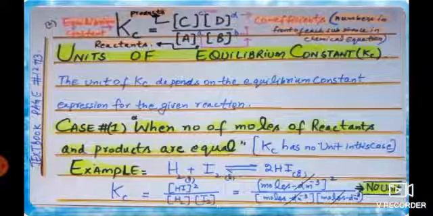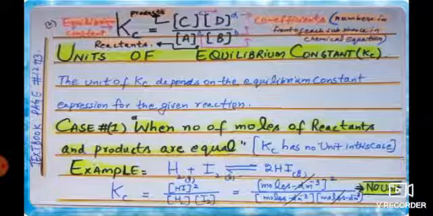The above c and d show the mathematical product of equilibrium concentration of products, and the below denominators show the mathematical product of equilibrium concentration of reactants, each raised to the power of the coefficient present in the balanced chemical equation.